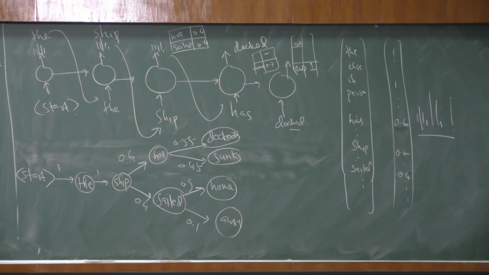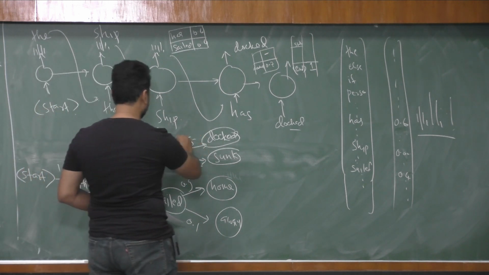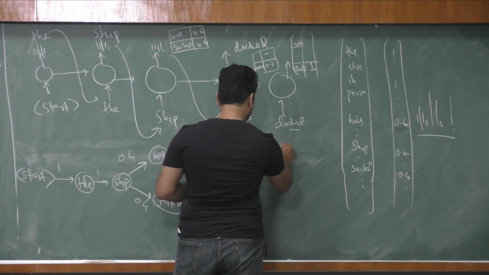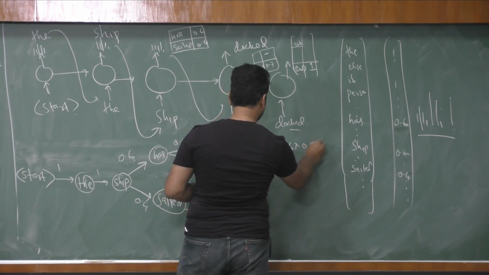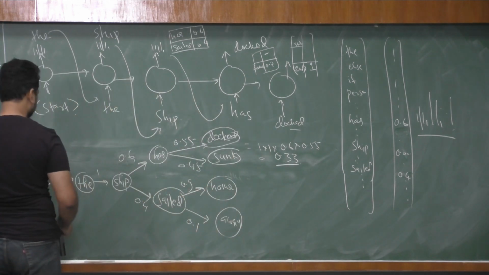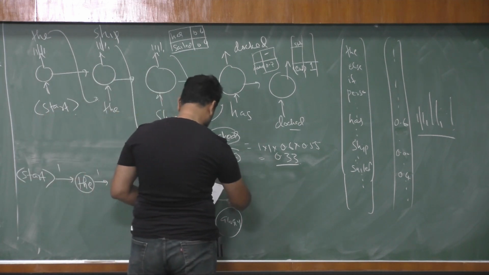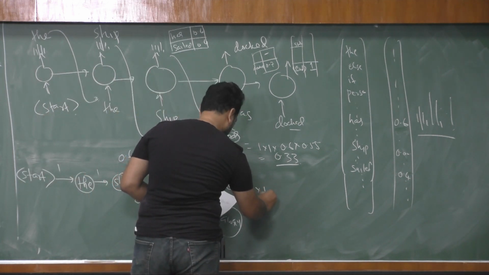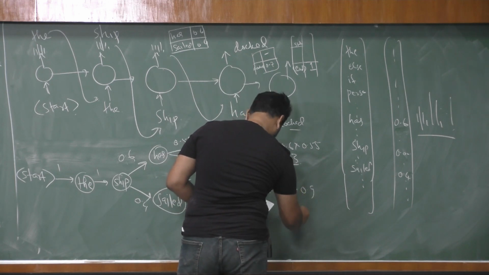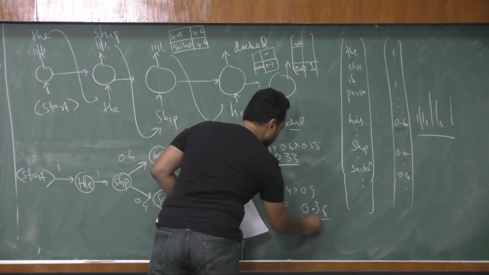If we follow this branch, with 1, 1, 0.6, 0.55, we get 1 times 1 times 0.6 times 0.55, which gives 0.33. And if we follow the branch "the ship sailed home", the cumulative probability values will be 0.4 and 0.9, which comes out to be 0.36.